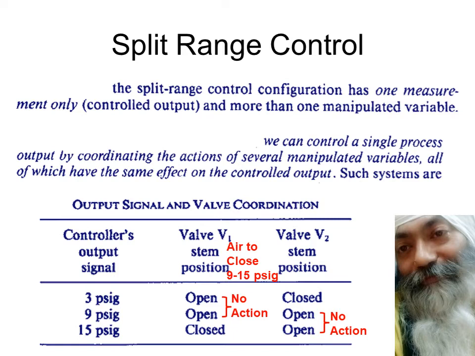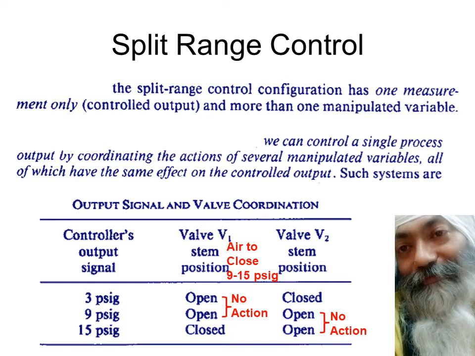The traditional valve operates at 3 to 15 psi only, but the valve positioner accepts the input of 9 to 15 and gives the output of 3 to 15 to the valve. So we don't have to change the valve. A normal valve which is operating at 3 to 15 can be used in conjunction with the valve positioner which will have this range of 9 to 15 psi.